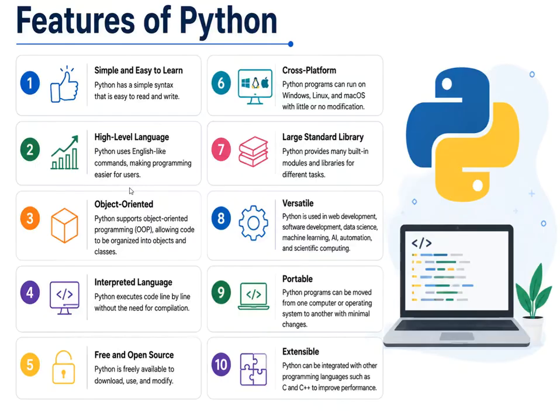Most important about Python is that it is an object oriented language, which allows program code to be organized into classes and objects. And nowadays, whatever programming language we are using, that is object oriented.